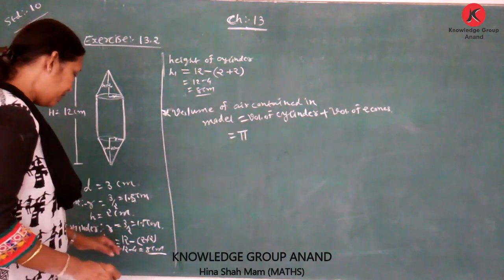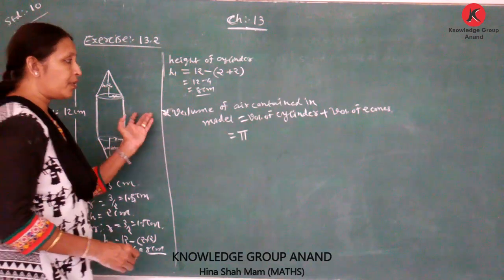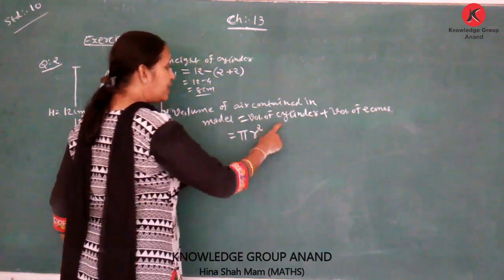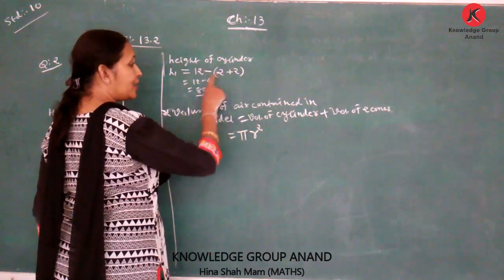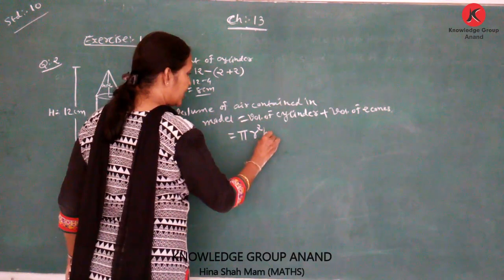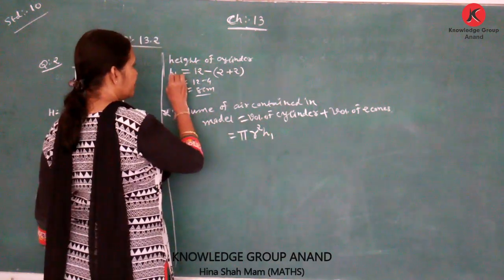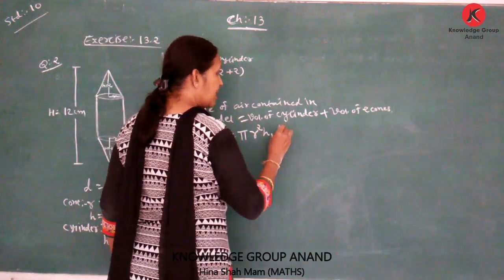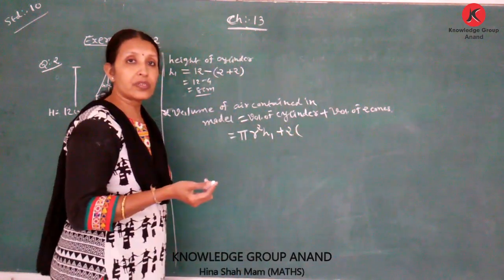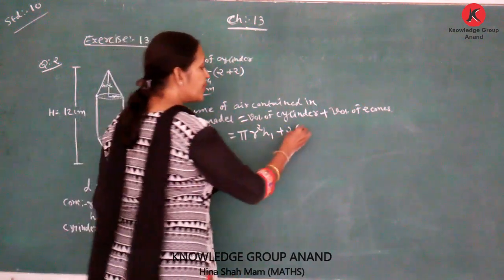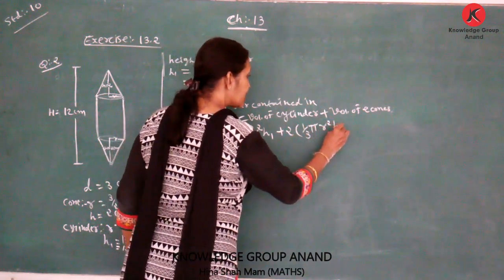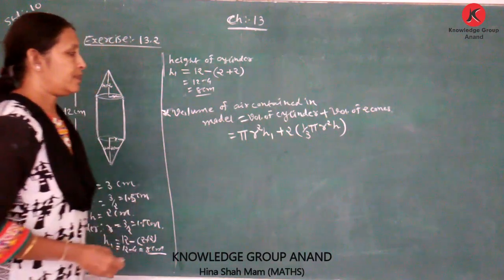But r is the same for the cylinder and the cone, so we use small r. And the height of the cylinder is denoted h1, plus the volume of two cones, 2 into the volume of a cone, whose formula is 1 upon 3 pi r square h.